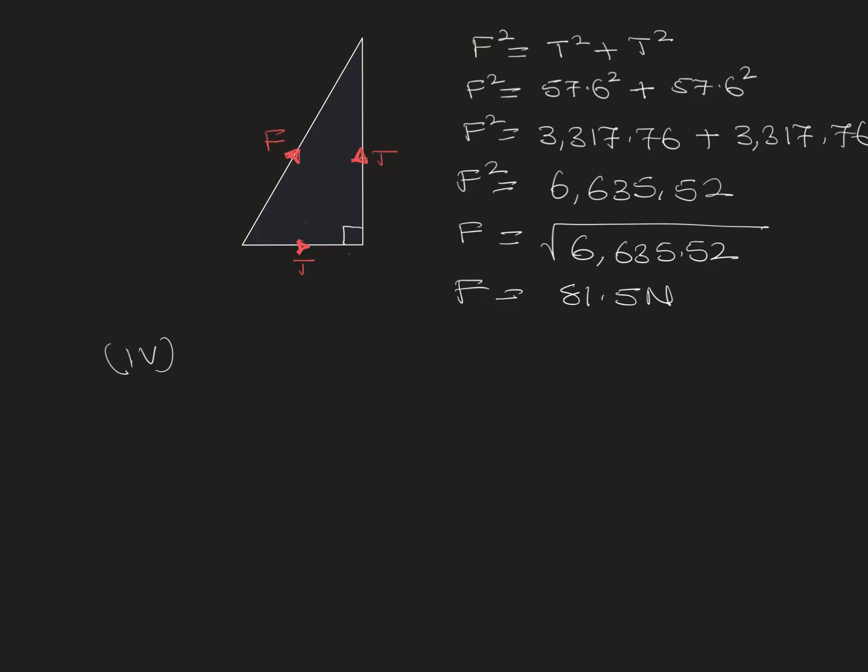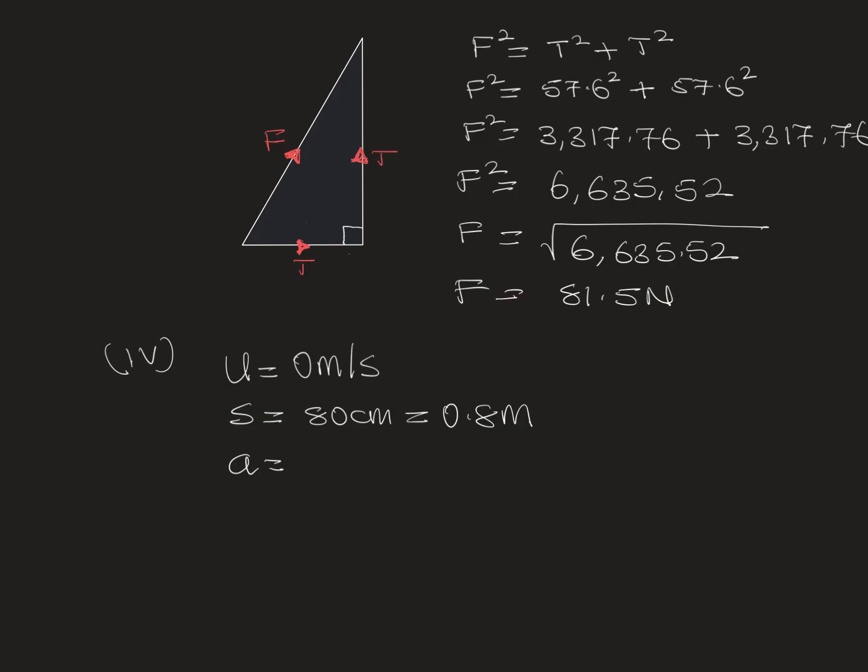Moving on to the next question, question 4. It asks us to calculate the time that it takes before the 16 kilogram mass hits the ground. So if we collect our data, we know that it is initially at rest. That means the initial velocity will be 0 meters per second. The distance between the 16 kilogram mass and the ground is 80 centimeters, that is 0.8 meters.